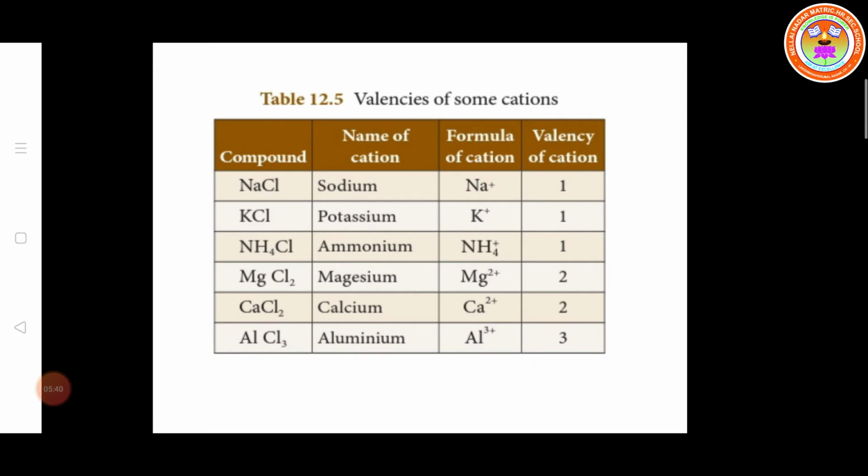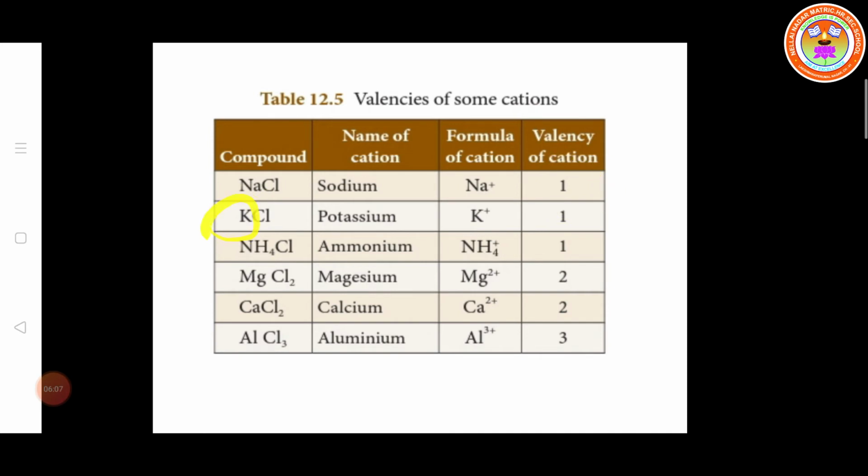Now the valency of some cations: NaCl, KCl, NH4Cl, MgCl2, CaCl2, AlCl3. In NaCl, what is the cation? Na is the cation. Sodium exists as plus 1, Cl is minus 1. So Na plus has valency 1; 1 charge means 1 valency. KCl splits into K plus and Cl minus.